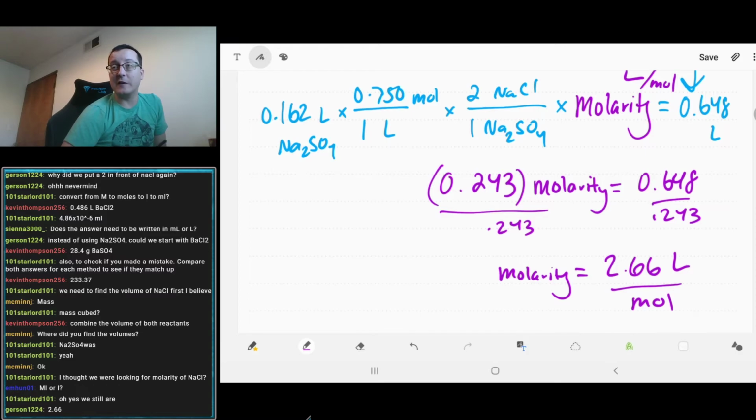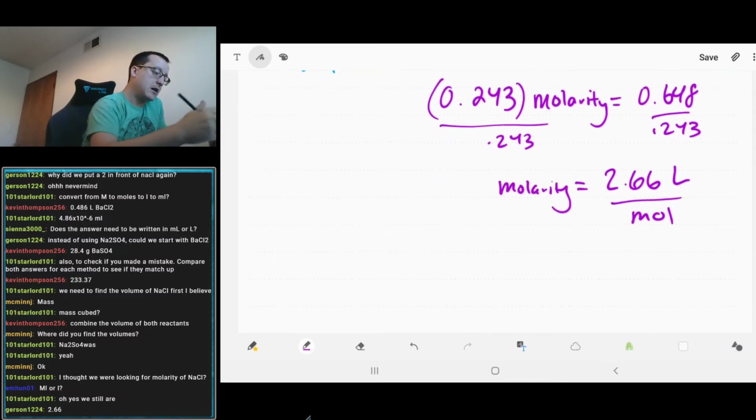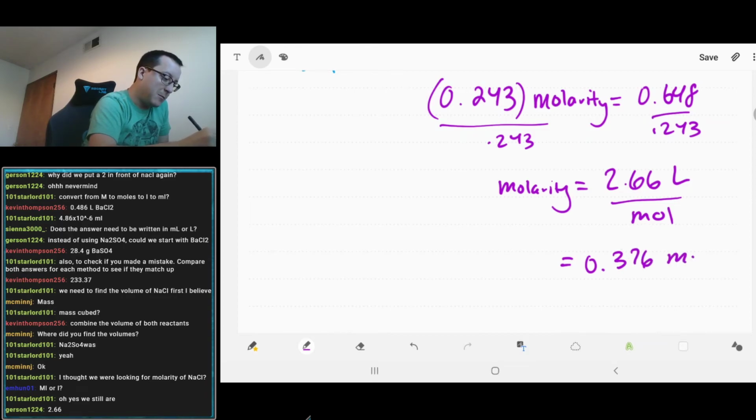Because we would have liters on the top in order to get liters at the end of the problem. However, typically we do molarity as moles per liter. And so understanding that, this conversion is the same as 0.376 moles per liter.